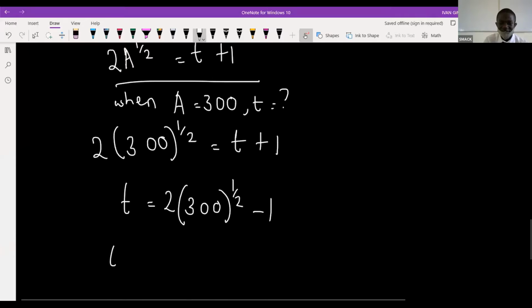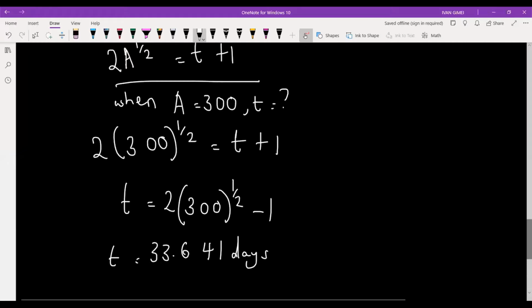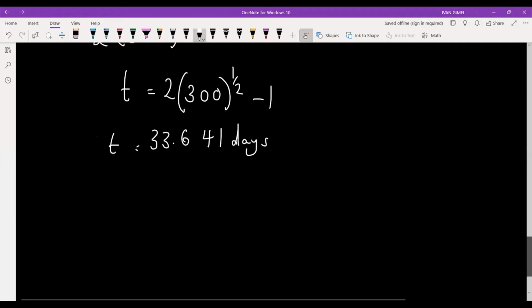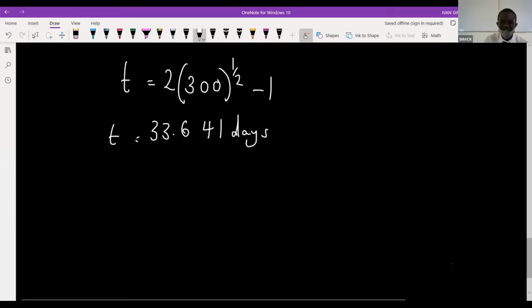So our t shall become 33.641 days. But the question says reduce to the nearest day. So we shall round off to the next day, judging by the 6 next to the decimal point. So our time shall become 34 days.